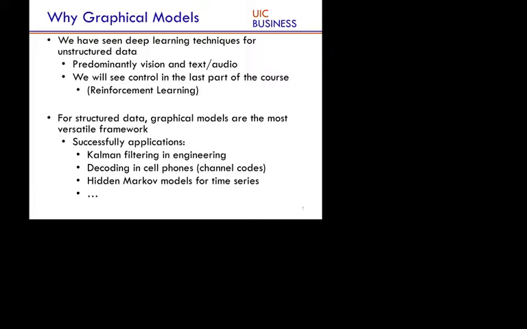There are also hidden Markov models, which you might have seen in text processing or speech processing. There are many successful applications, and you can even think of the naive Bayes method and conditional random fields. You might have come across these at least as words before. These are also special cases of what we are studying, so it's really a general framework.